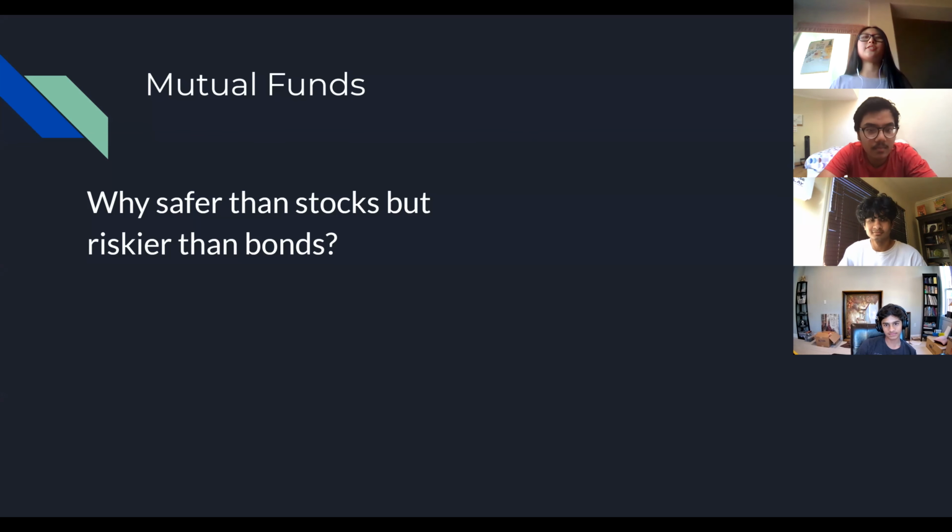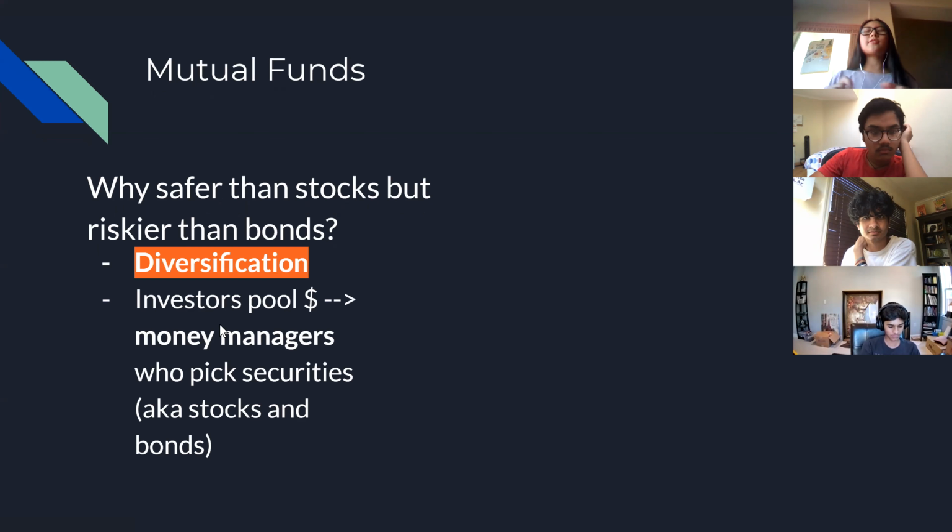He said it's a collection of securities. So we know securities to be things like stocks and bonds. So when he says a collection, it's basically like instead of just buying a single stock or a single fund or a single bond, you're buying several of them, right? So we call this diversification, because diversification is basically diversifying your collection.